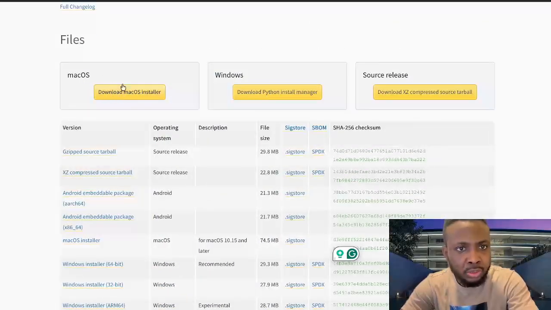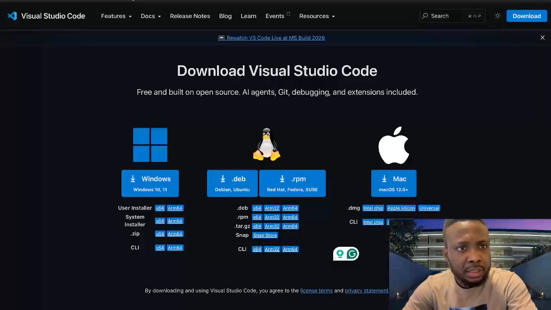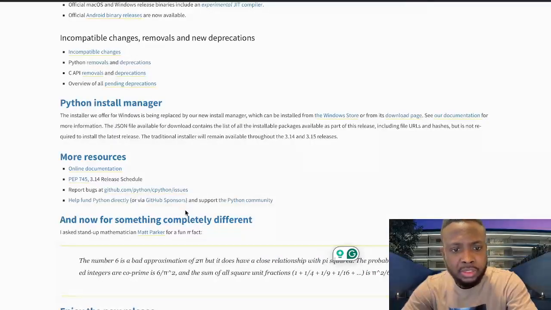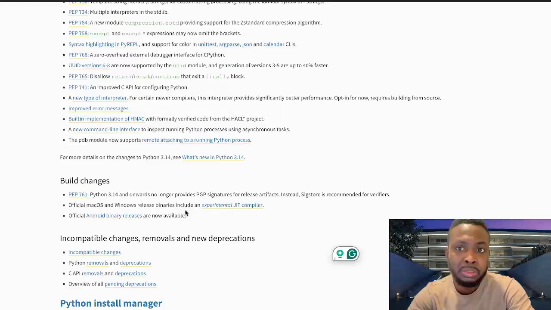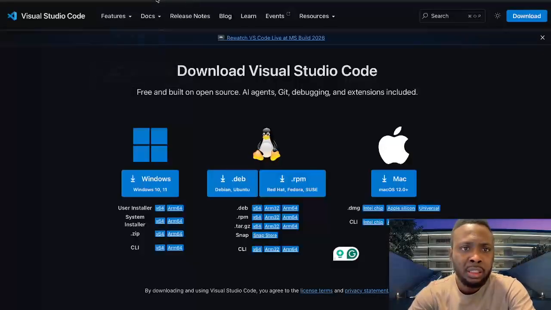So you first of all install this before installing the environment. I think for Mac, Python is mostly pre-installed, but it might be an old version, so probably just install the new version, which is Python 3.14. After installing this, you come and install VS Code.